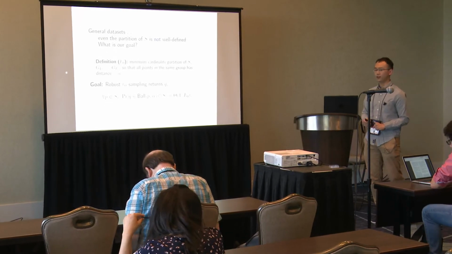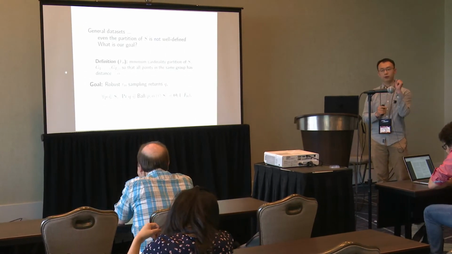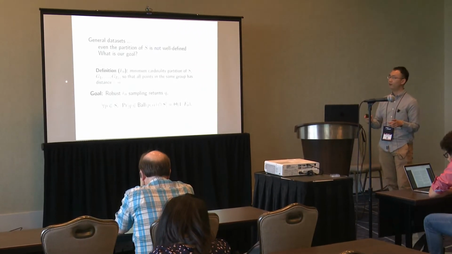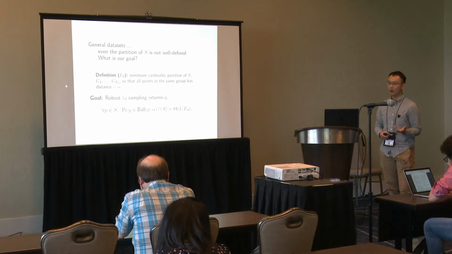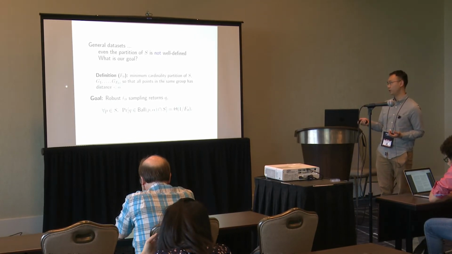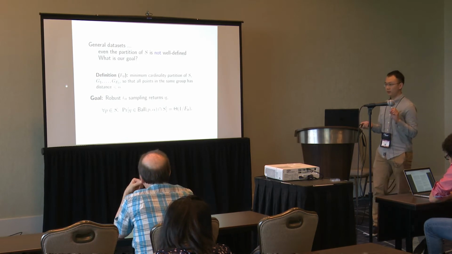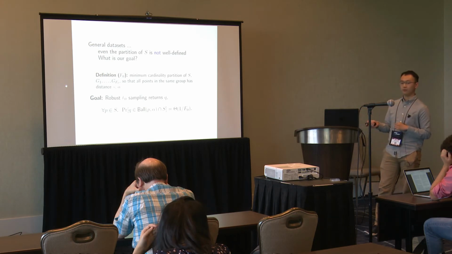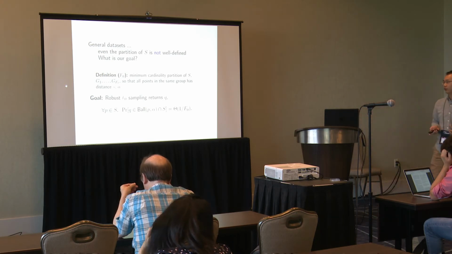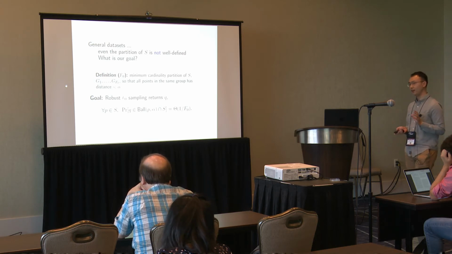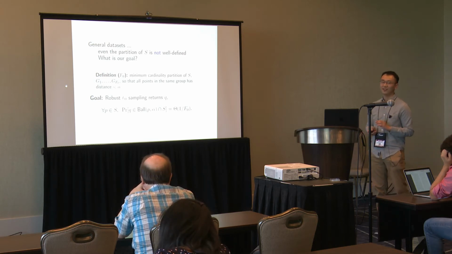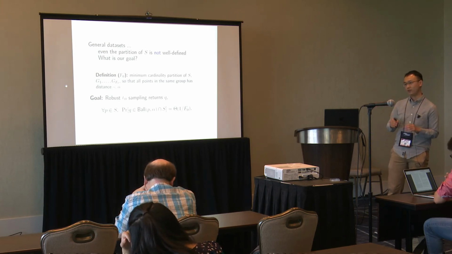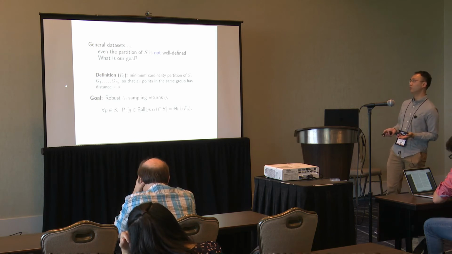For any fixed data point in this set, if you draw a ball with radius alpha, then the sampler returns a point Q whose probability of falling into this ball is roughly 1 over F0. That is our guarantee for a general data set. In practice, you don't really care about it being exactly 1 over F0, but up to a constant is maybe enough.